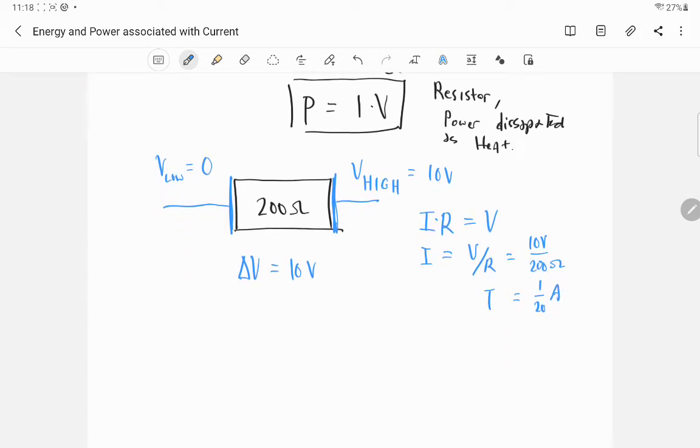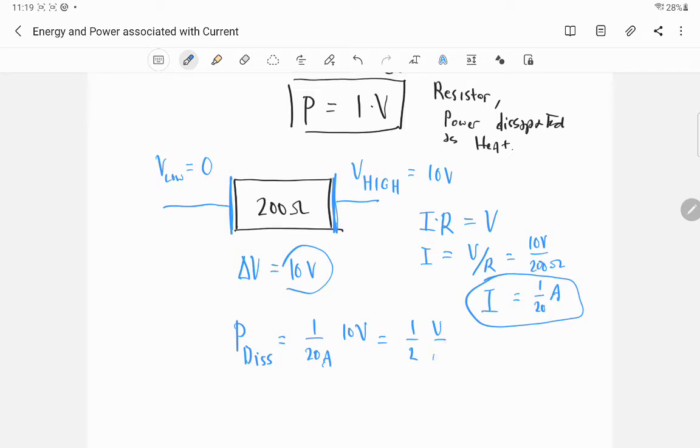So now I have a current, and I still know the voltage. So the power dissipated equals I times V, so I is 1 over 20 amps, and V is 10 volts. So it's 1 over 2, 0.5.